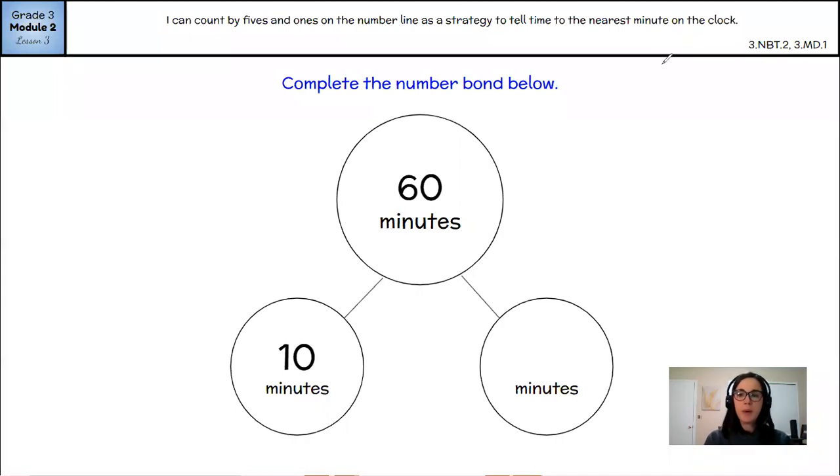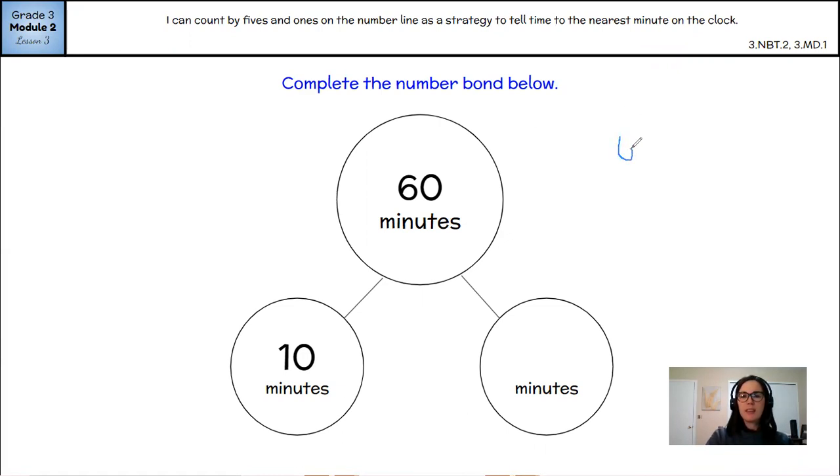Okay, complete the number bond below. So remember, a number bond is a part and a part makes a whole, okay? So if I have 10 minutes, how many more minutes do I need to make 60 minutes? One way I can figure this out is to take my whole and subtract one part.